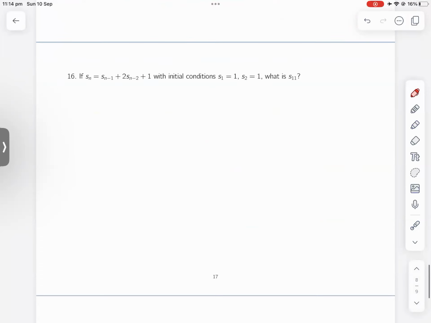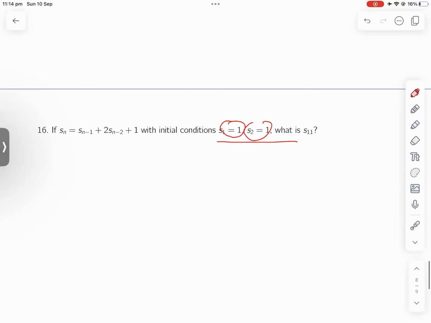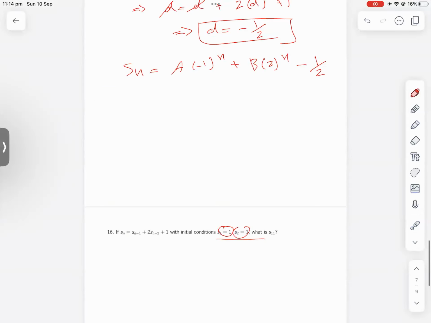order. Let's have a look at this non-homogeneous part. It is the same thing, but you can use this boundary condition, like an initial condition, to understand this.